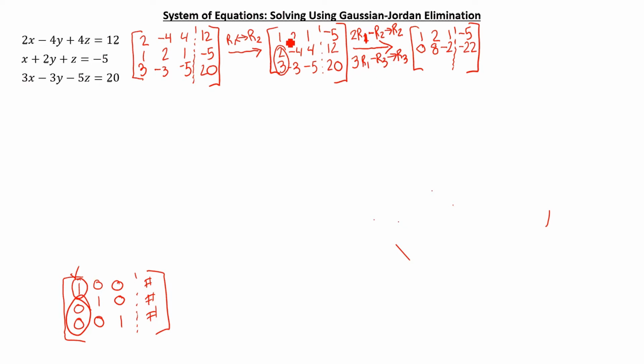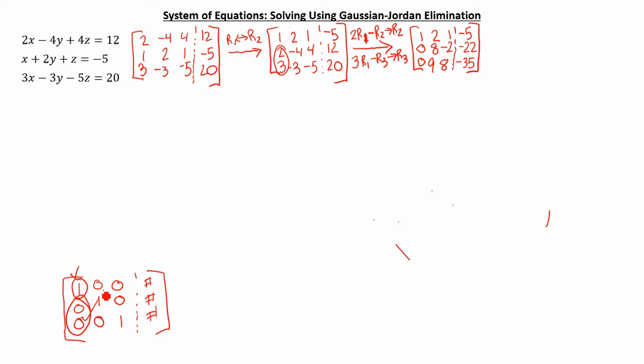So 3 times 1 minus 3 is 0. 3 times 2 minus -3 is 9. And 3 times 1 minus -5 is 8. And 3 times -5 minus 20 is -35. Sorry, I had to do it in my head. Now, we have our zeros, so we're good with that.